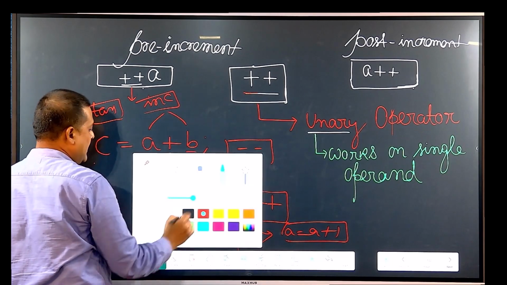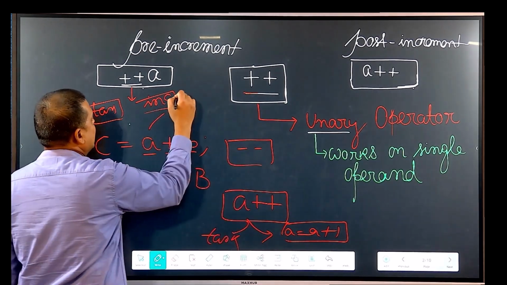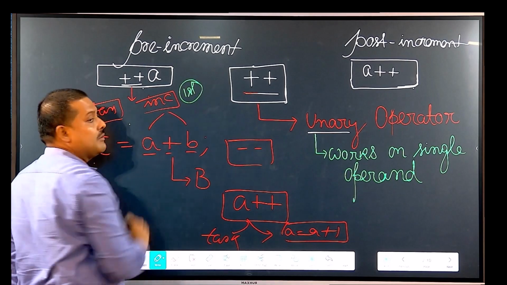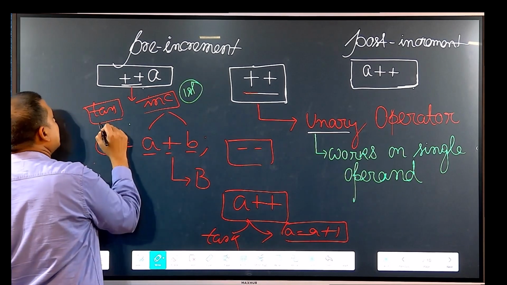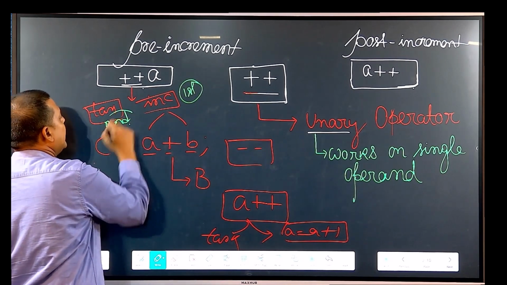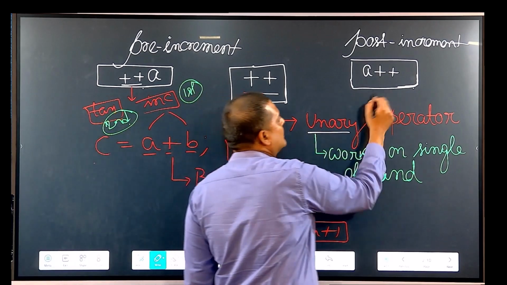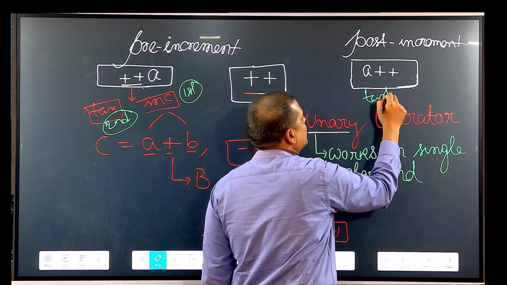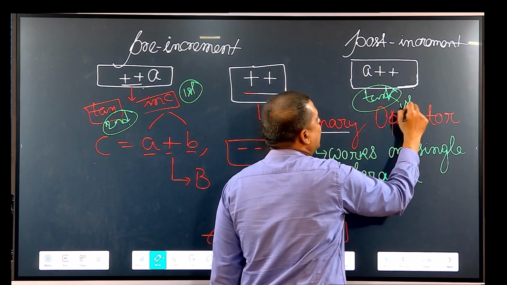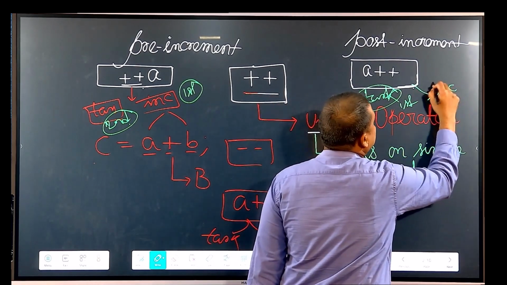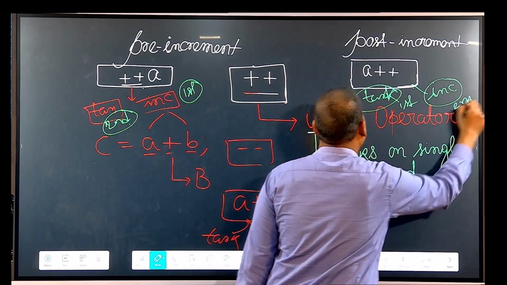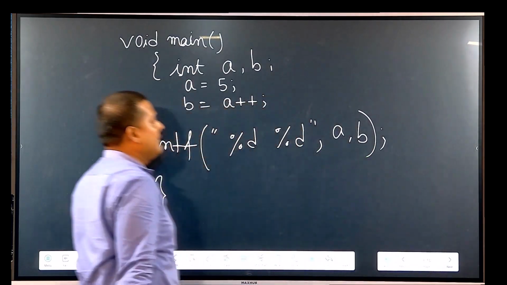Here the increment operation will be performed first, and then the task will be performed. In the other case the task will be performed first, and the increment will be second. Okay, let us have a look at these examples.